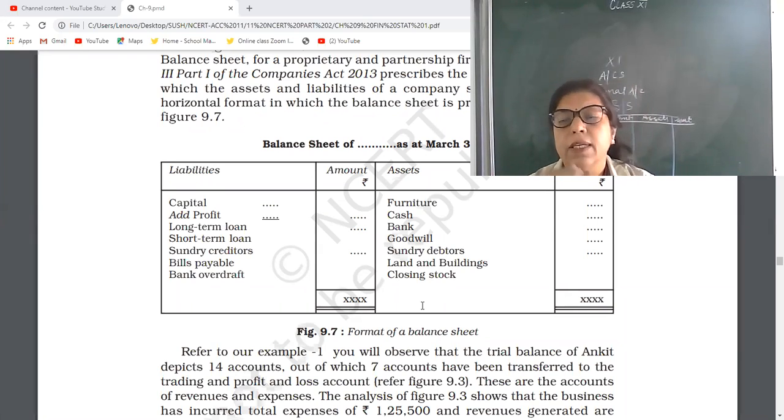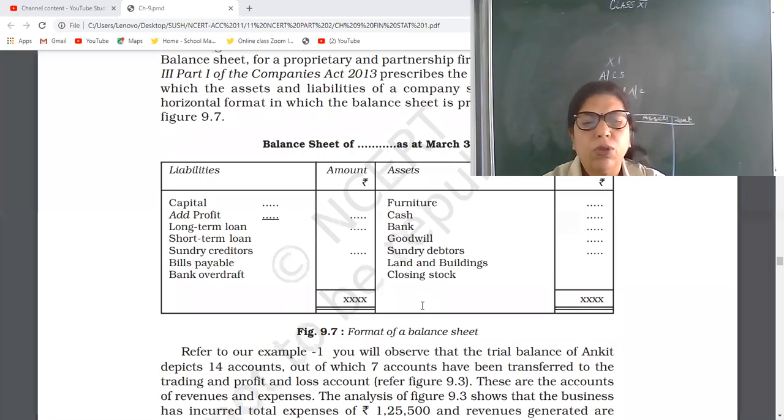And drawings means withdrawal of amount in cash or goods for personal use, for domestic purpose, for household purpose by the proprietor, and that should be subtracted from the capital because the proprietor is taking out for personal use.